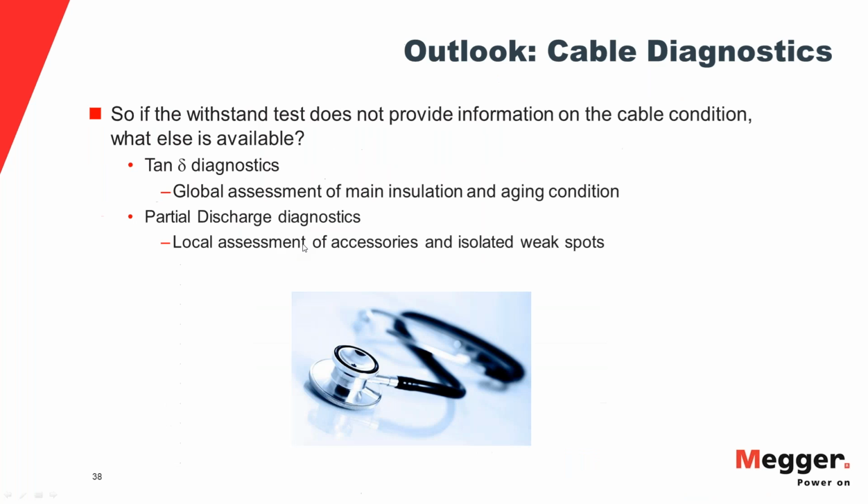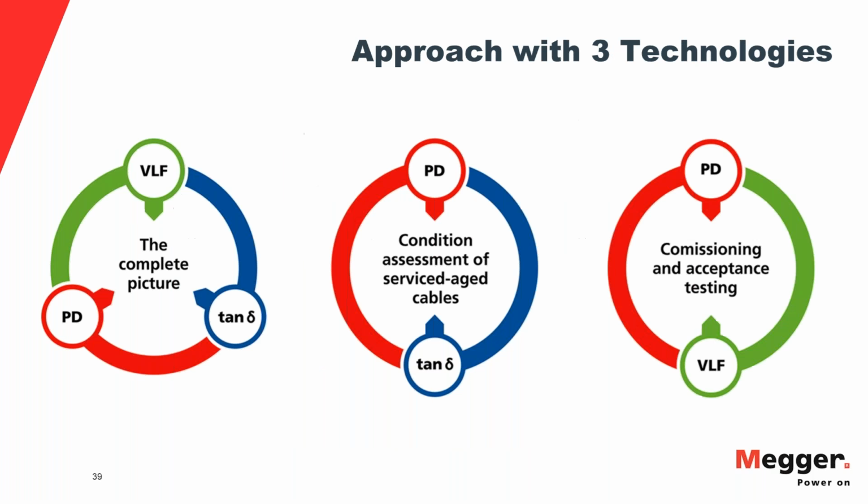Now, really quickly, to get to an end, a little outlook on the diagnostics. So VLF just to withstand, pass, fail. What will be covered in parts 2 and 3. So first of all, to get the complete picture is always a holistic approach. You need VLF, tan delta, and PD. And for instance, you cannot substitute tan delta with PD.